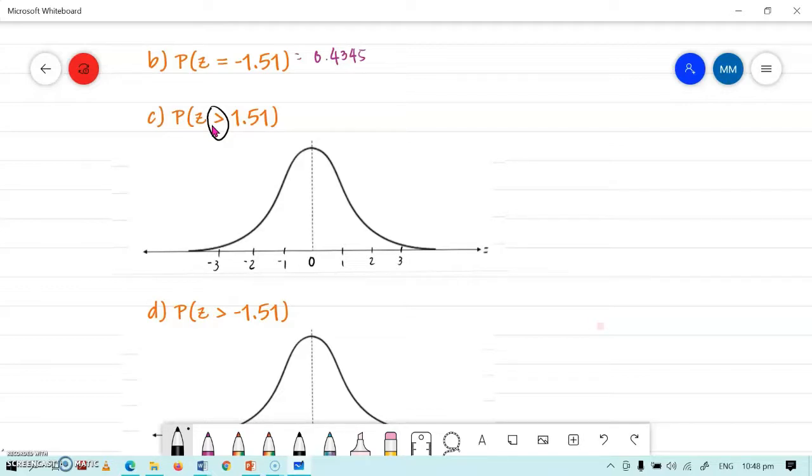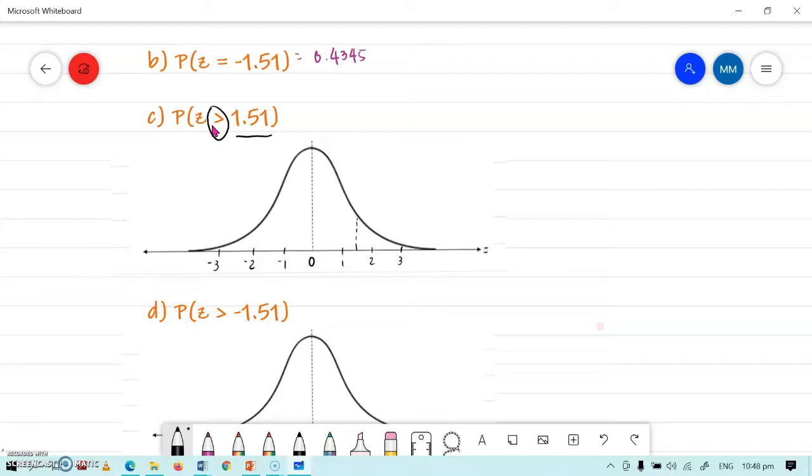So before we go use the z table, let's first illustrate the curve. So let's find 1.51 in the curve. It's positive, so it's somehow here.